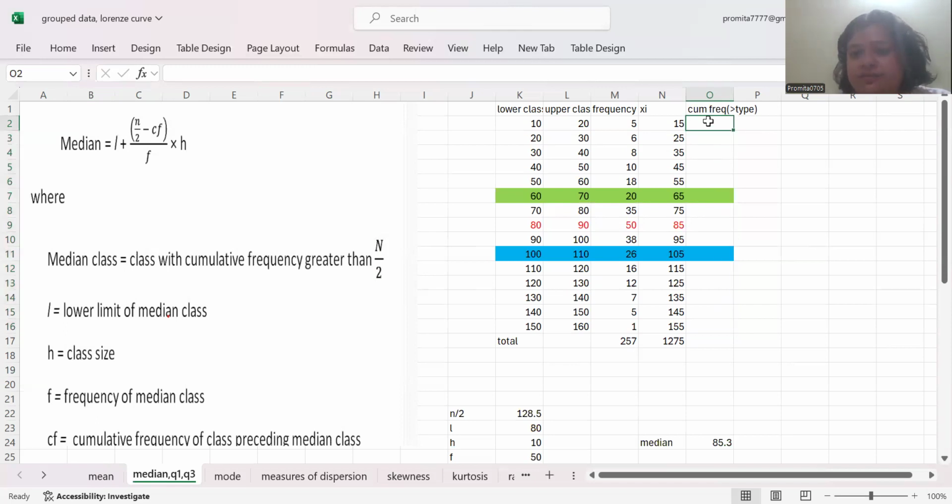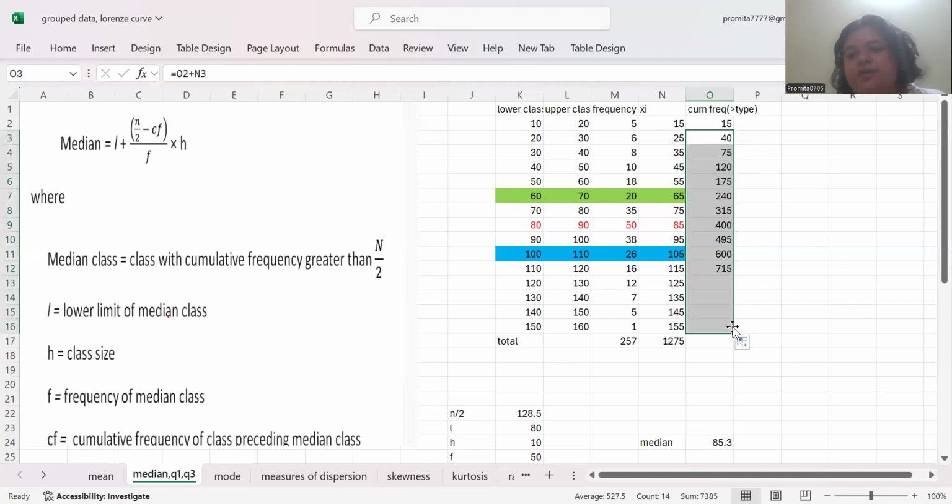For the first class, it's just the frequency. From the second class onwards, it's the previous cumulative frequency plus the frequency of that particular class. And we drag and drop.